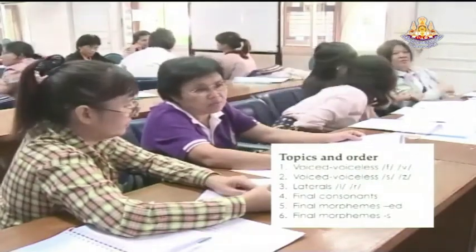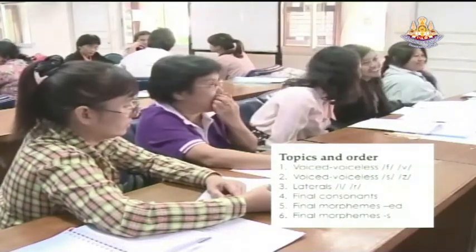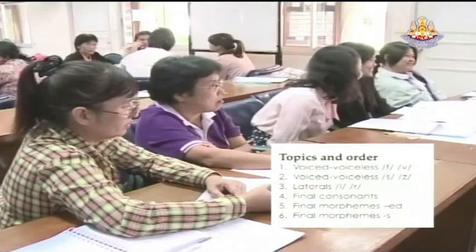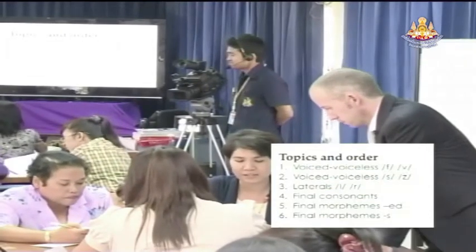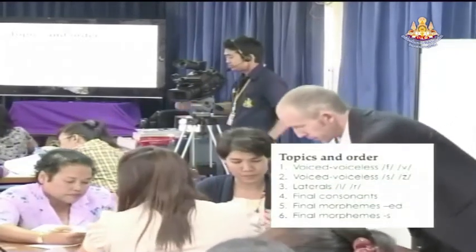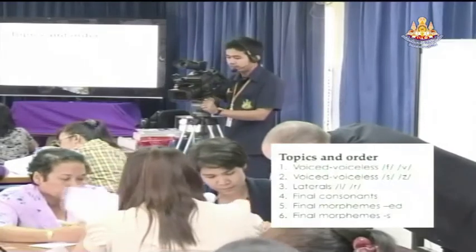When we pronounce L, can you tell us the position of the tongue? The tip of my tongue is touching the top of my mouth. Tip of tongue. There's a picture here, right? So here's the tongue.